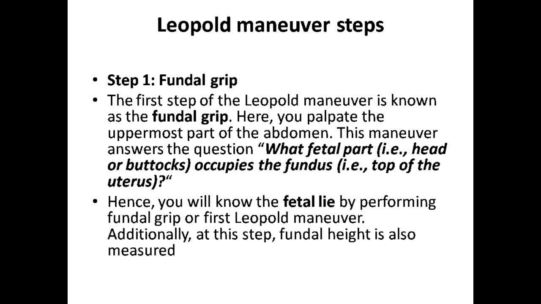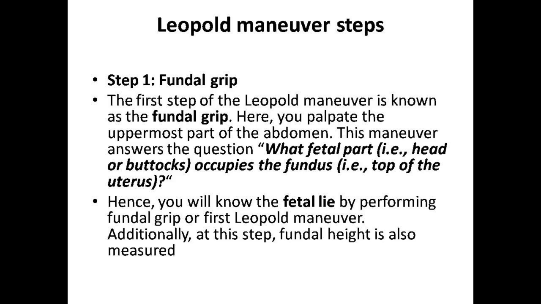In that we know the uterus has parts like fundus, body, which continues as cervix and the vagina. So with the help of the first Leopold maneuver, called fundal grip, you are going to palpate the uppermost part of the abdomen, which will help you to identify what part of the fetus is present in the fundus of the uterus. Hence you will note the fetal lie by performing the fundal grip or first Leopold maneuver.